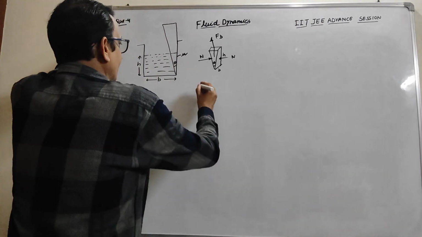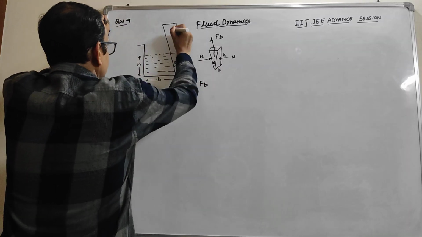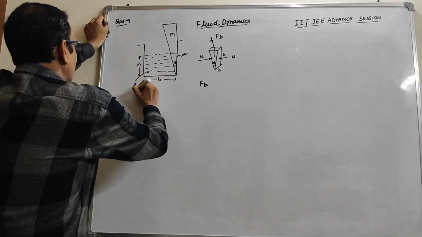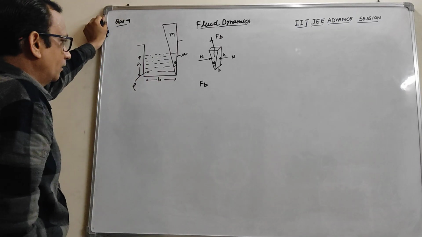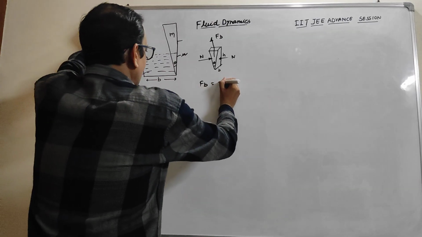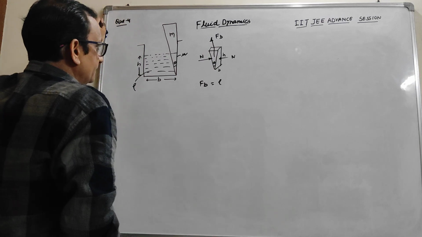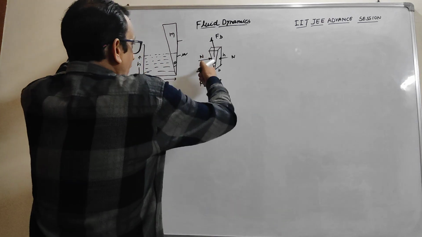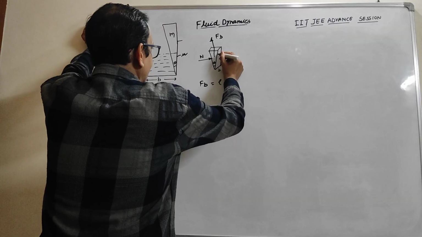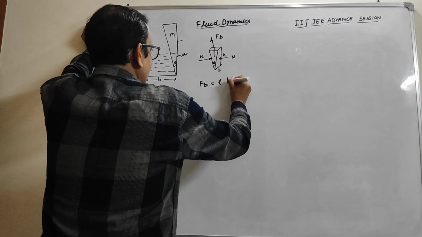So the buoyant force would be: the mass of the block is given as m, and the density of the liquid is rho. So FB would be density of liquid times the volume of the block. This length is h, this height is h, and the vertical component would be h tan theta.